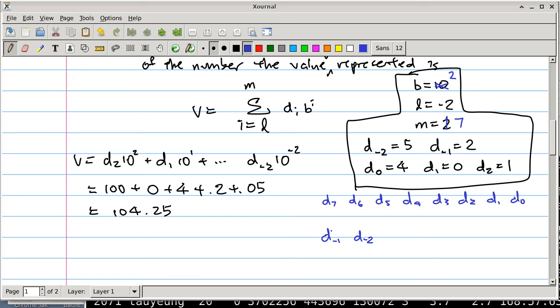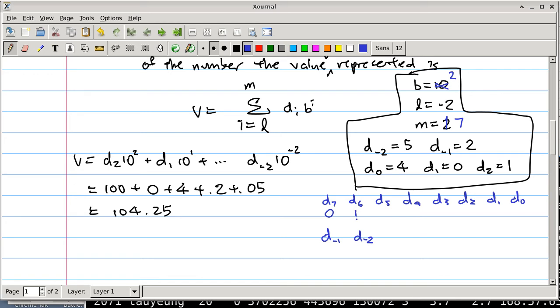But assuming we already know how many digits we need on each side of the decimal point, now the question is to figure out, what should be D7? Well, D7 in this case is going to be multiplied by 2 to the power of 7. 2 to the power of 7 is 128. Do we need 128 to represent 104 and something? The answer is no. So you say, nope, do not need one of those. So D7 is a 0. Next, do we need a 64? Yep.